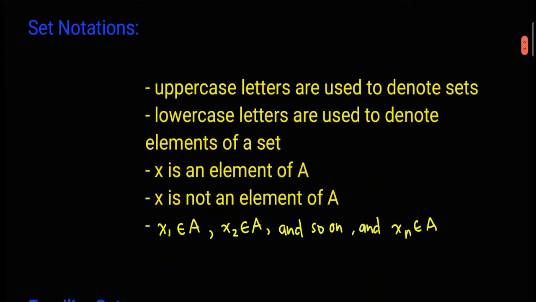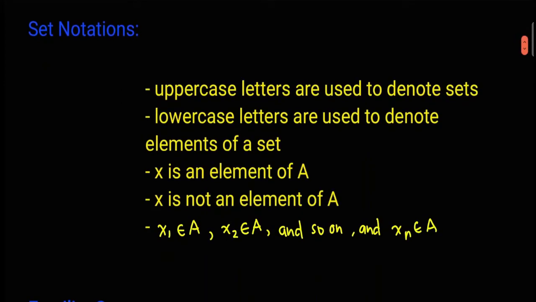Some common notation. Usually we use uppercase letters to denote the name of the set. For example, we use capital letter A, capital letter B, C, X, Y, Z, and so on. So those are the usual naming conventions used to denote a set. On the other hand, we use lowercase letters to denote elements of a set.